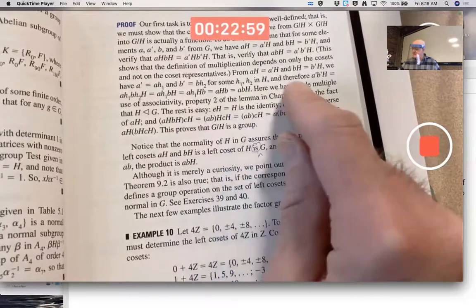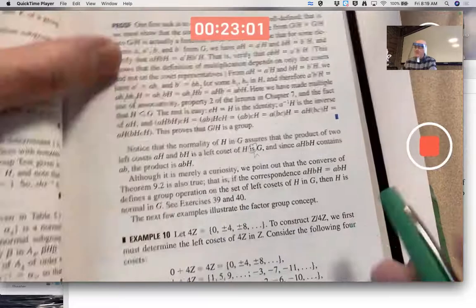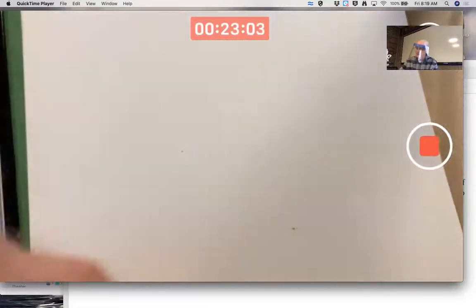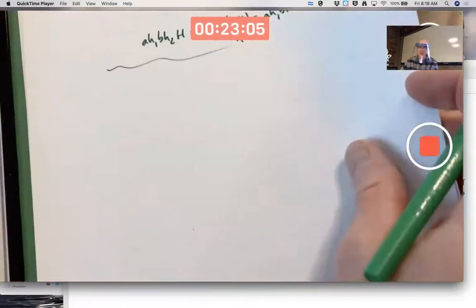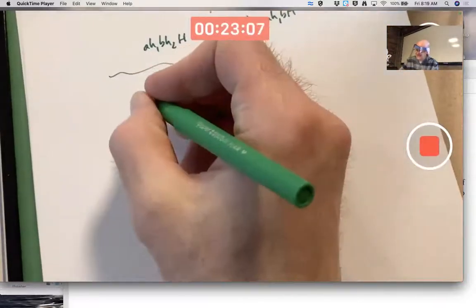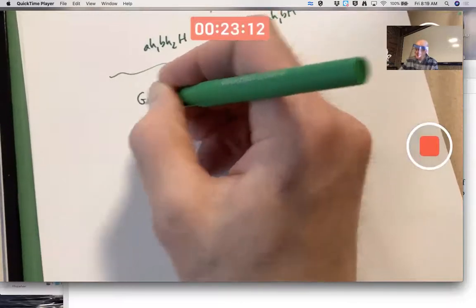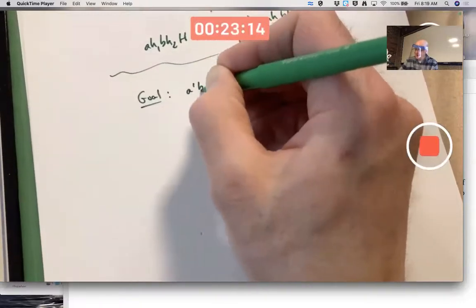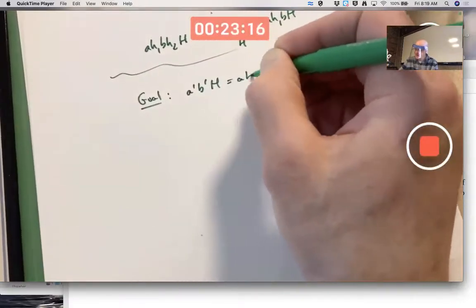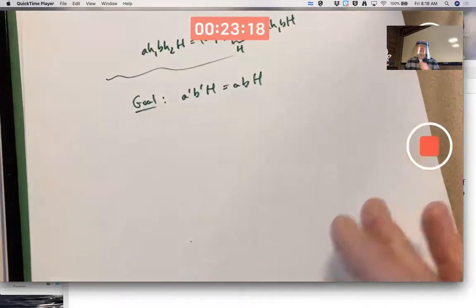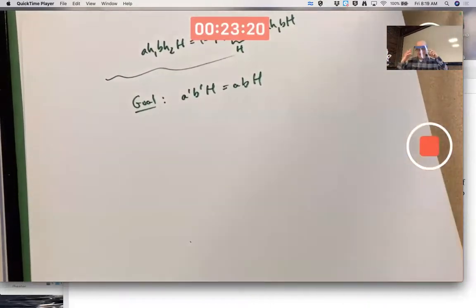So the book is doing this in a fancy way with coset properties. Is it possible to do this in a less fancy way? Yes. If your goal is to show A prime B prime H equals ABH, what I'm saying by a less fancy way is not using properties of cosets, just the definitions of these sets, these cosets, not the properties.